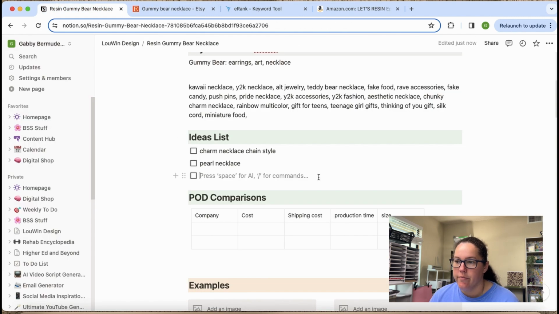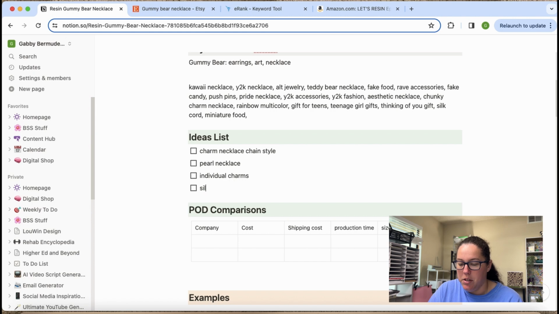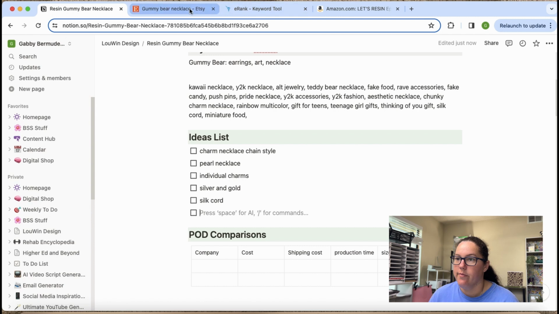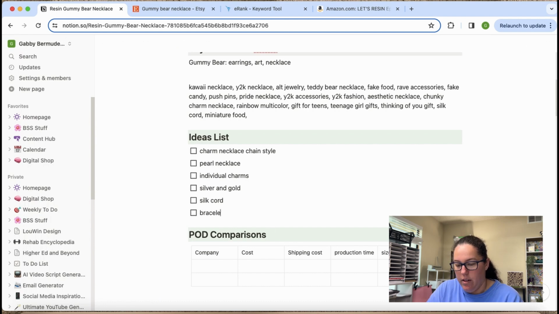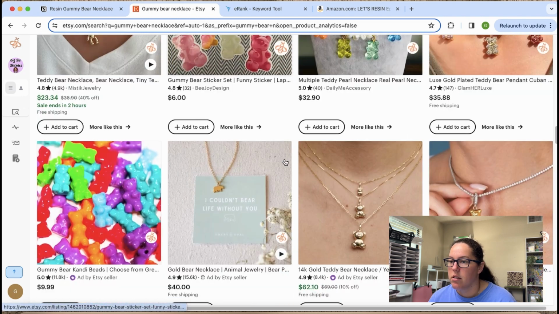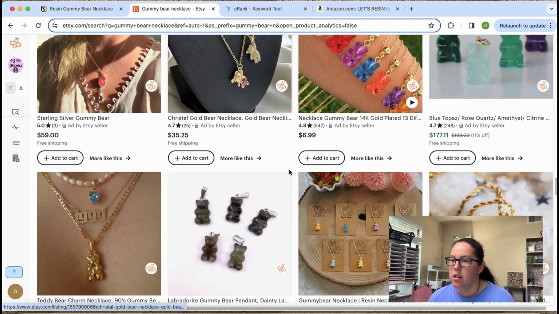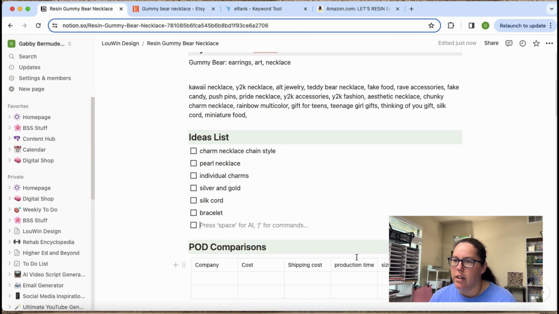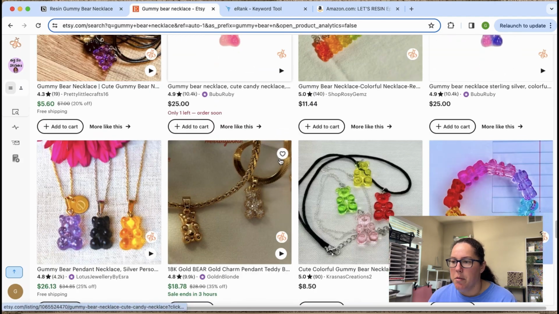Or just individual charms, silver and gold, silk cord, a bracelet, and then duotone bears. So yeah, I think that's some pretty good inspo.